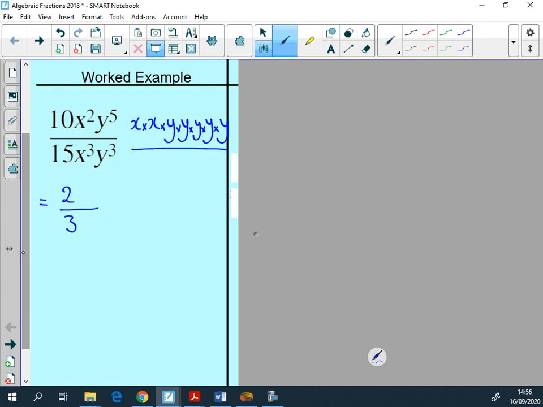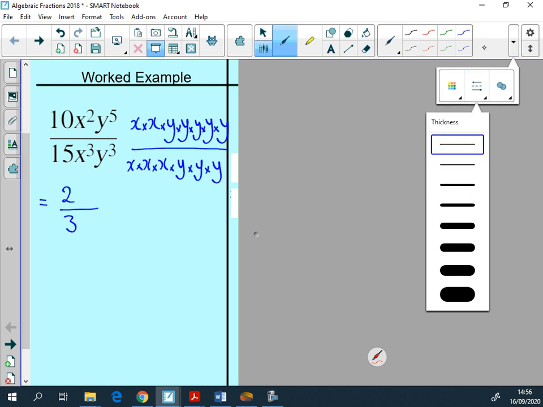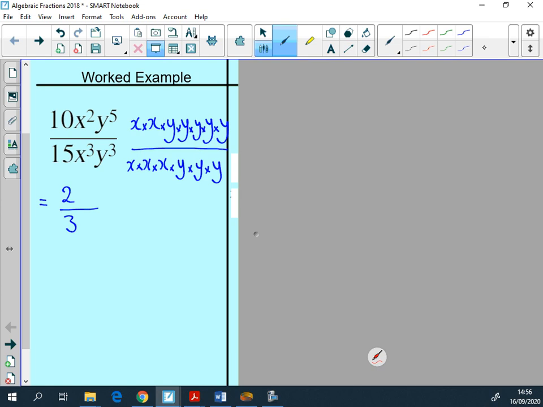On the bottom, I've got x to the power 3, so it's x times x times x, and I'm multiplying that by y to the power 3. So I technically have 3 y's multiplying each other on the bottom. Anything that you see on the top that you see on the bottom, you can cancel out, as long as they are multiplying everything. So I've got an x on the top multiplying and an x on the bottom, so I can cancel those out. I've got another x that I can cancel out, and another x.